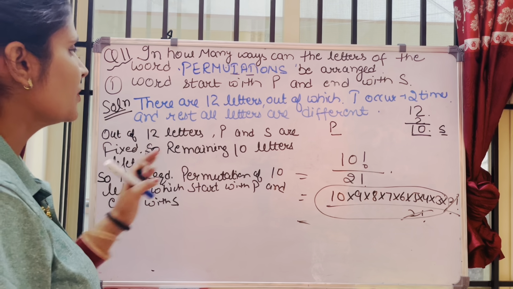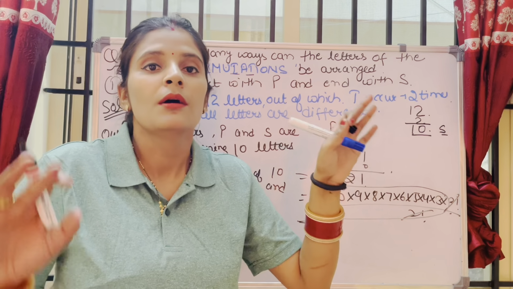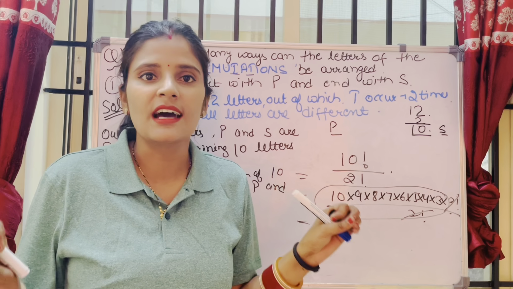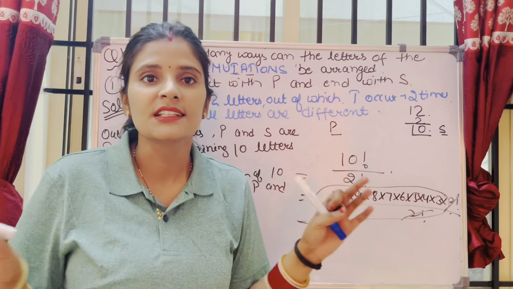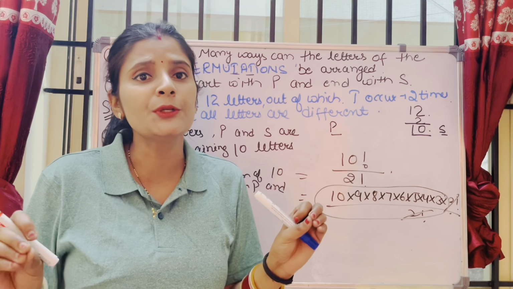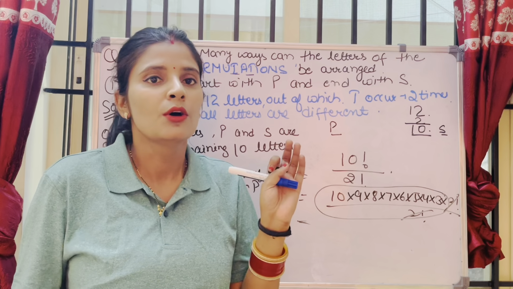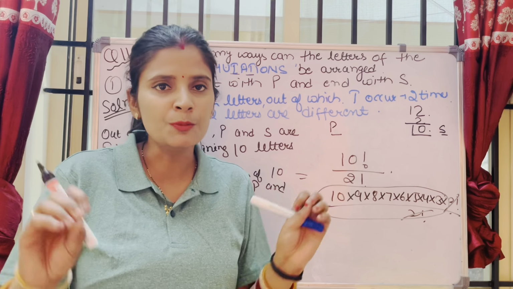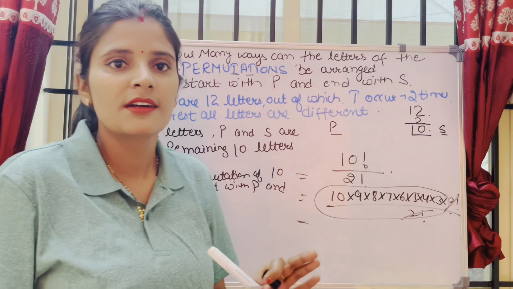So I hope you understand this first condition. In the first condition, P and S positions are fixed, right? We don't have to arrange these positions because they both are fixed. So out of 12, 2 positions are fixed, so we have 10 letters left.